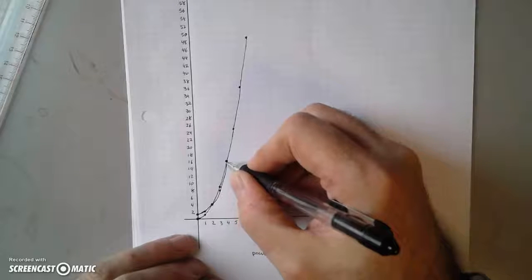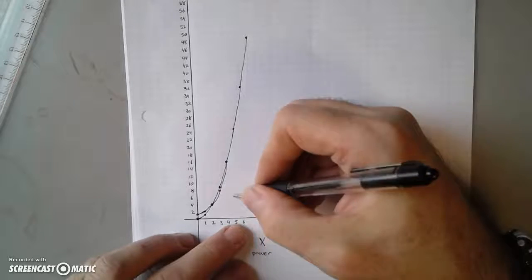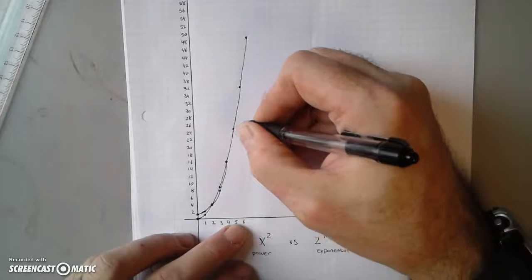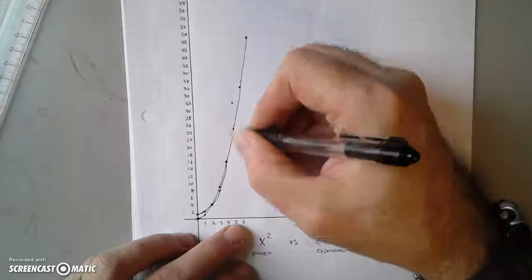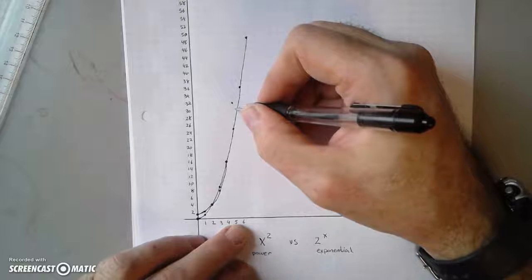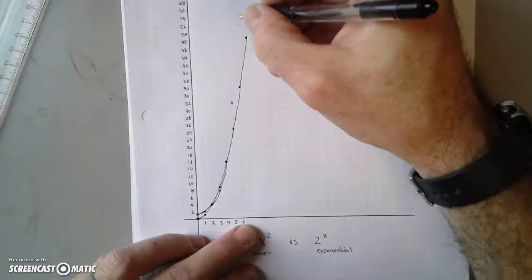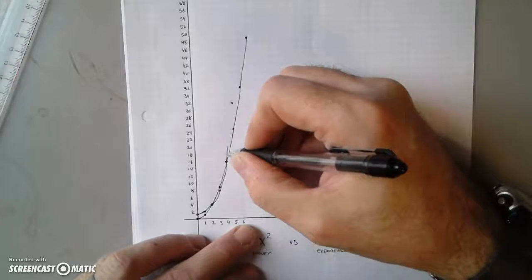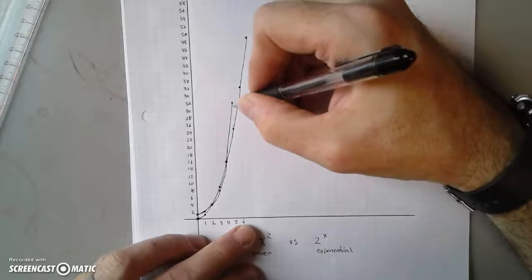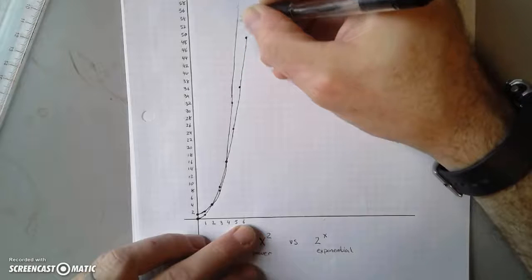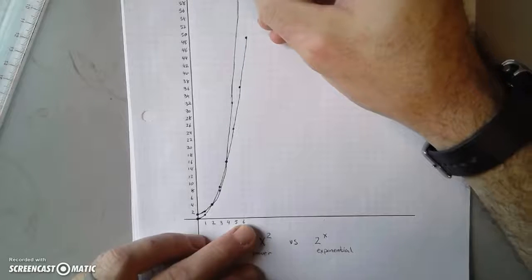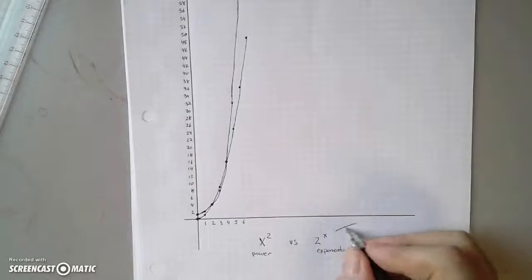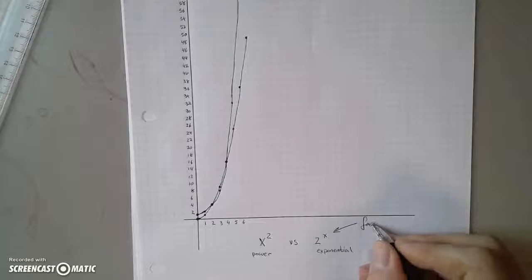Right. And then 2 to the fifth power is 32. And then 2 to the sixth power is 64. So however fast we think that x squared increases, 2 to the x increases much quicker. Right? Faster.